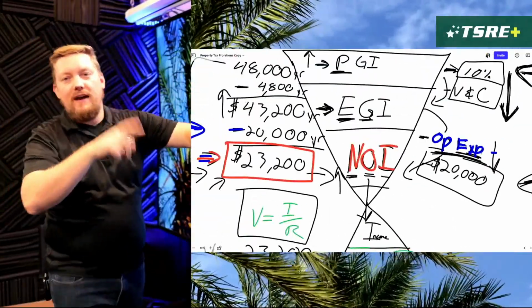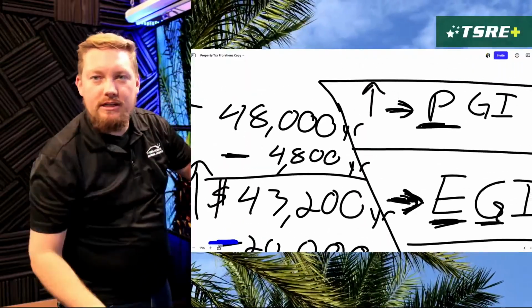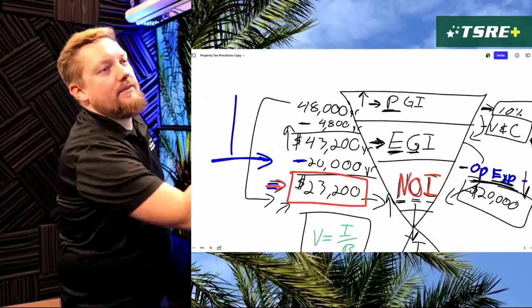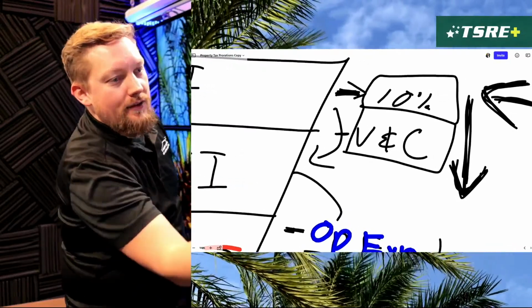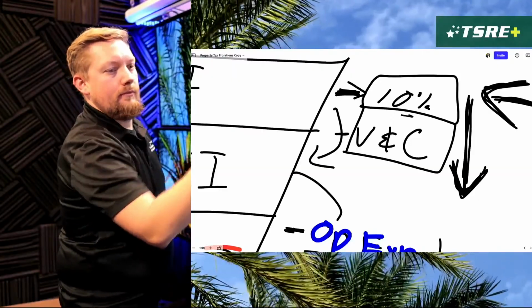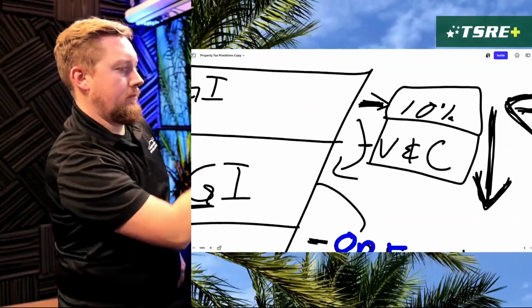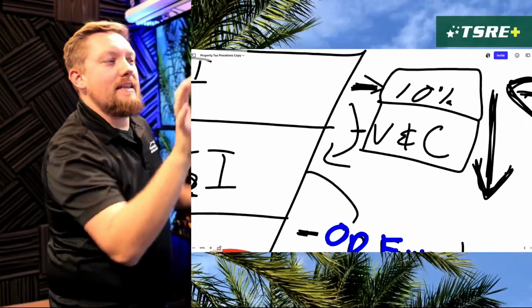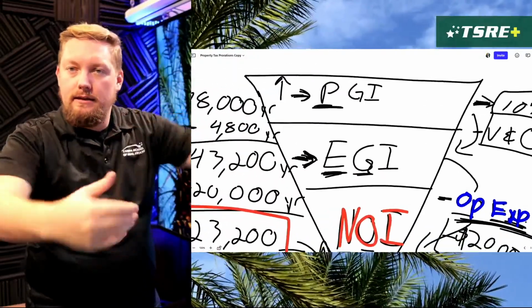But we've got to factor in all these other numbers here because, yes, we did start out with that potential of $48,000, but then we have to subtract out our vacancy and collection losses right here. So the vacancy and collection losses represent what we do not take in.